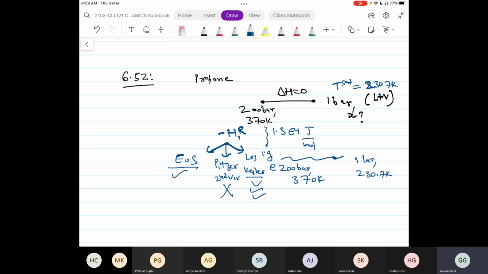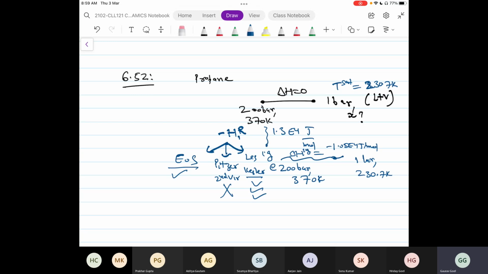So at the final state point, I have converted the system into an ideal gas now. Of course, pressure change does not matter. Only the temperature change matters. You can calculate ideal gas enthalpy change. It will come out to be minus 1.05 into 10 to the 4 joules per mole. This is what you will get at the second transition point.